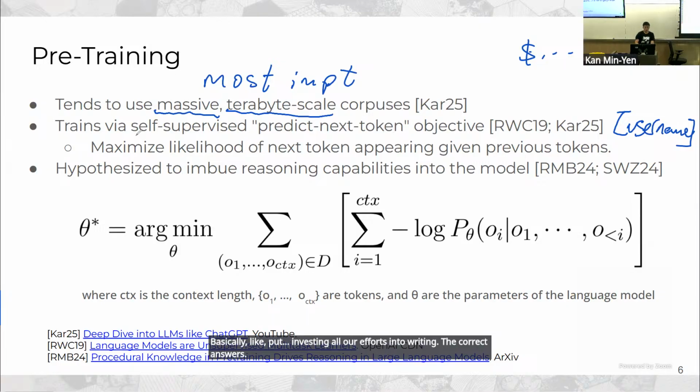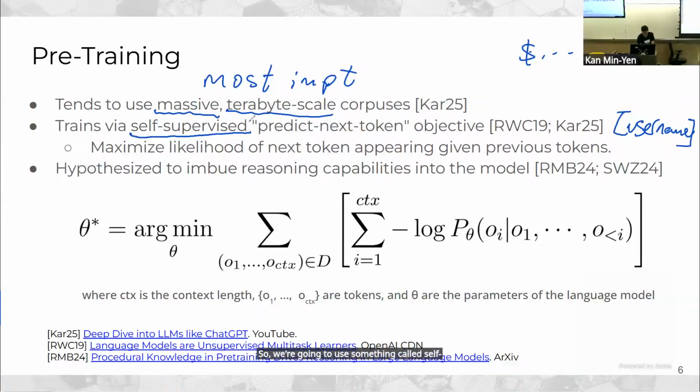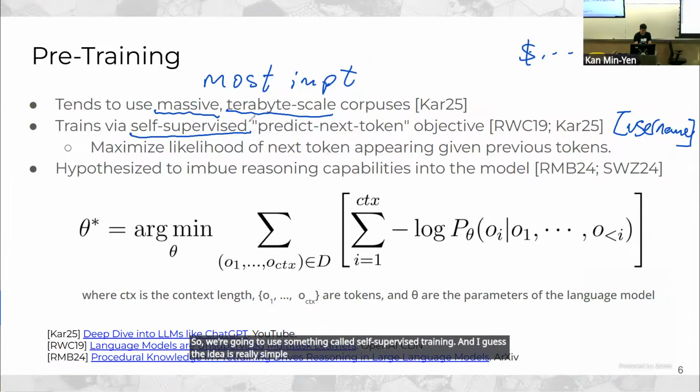We just want understanding. We just want some kind of probabilistic model that would be implied by all the natural language that exists out there on the internet. So we're going to use something called self-supervised training. And the idea is really simple. So let me just erase some of the working here so I've got a little space to work with.